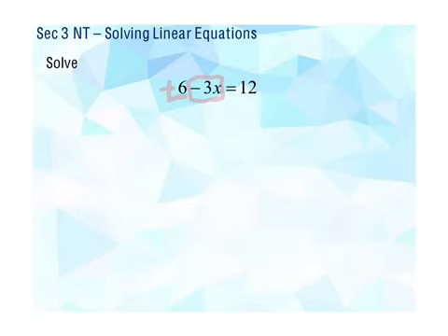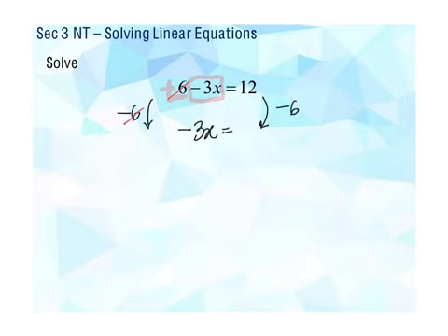So what do we need to do to get rid of positive 6? We will need to subtract 6, so we can subtract 6 on both sides. If you subtract 6, we take note, this is minus 6 and this is 6, they cancel off, and we end up with negative 3x over here.